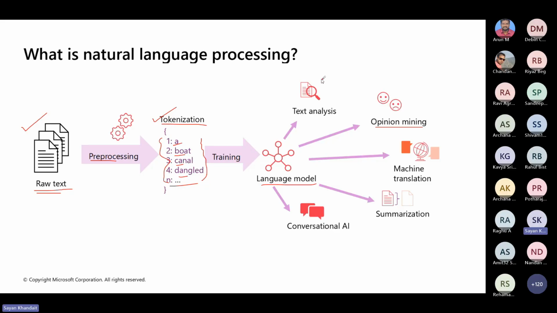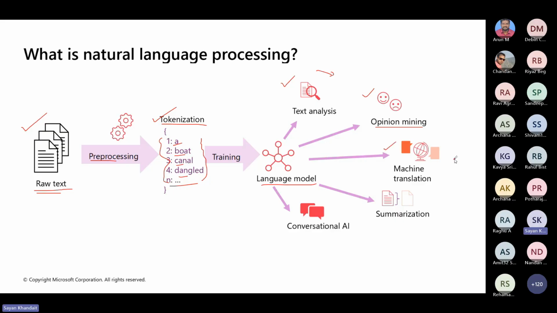Now, these are some of the common tasks that a language model is capable of performing. Text analysis, where you can analyze a text document in order to extract key phrases from the text, or to identify entities present in the text, or maybe the language of the text. Opinion mining or sentiment analysis, which basically helps you understand what exactly is the opinion or the sentiment being conveyed through a sentence.